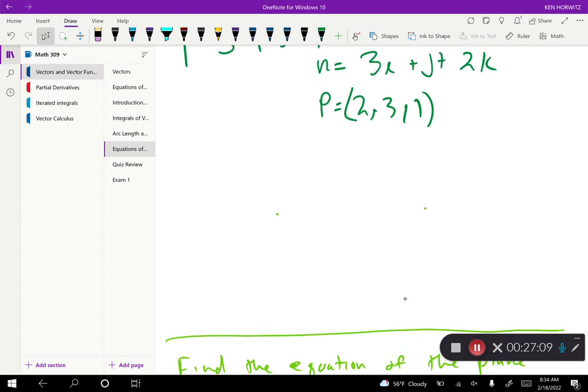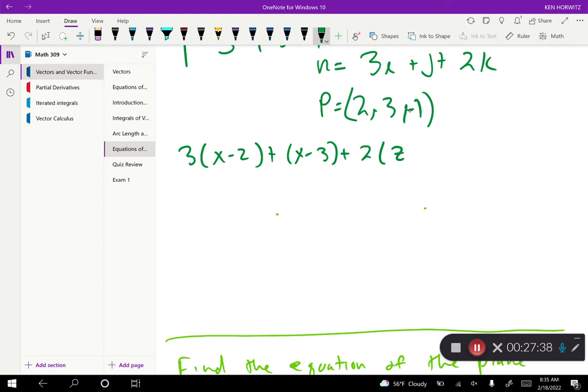So we're going to say 3 times x minus 2 plus, all right, now we got a 1, so that's why I didn't put anything there. Y minus 3 plus 2 times z minus -1, right?